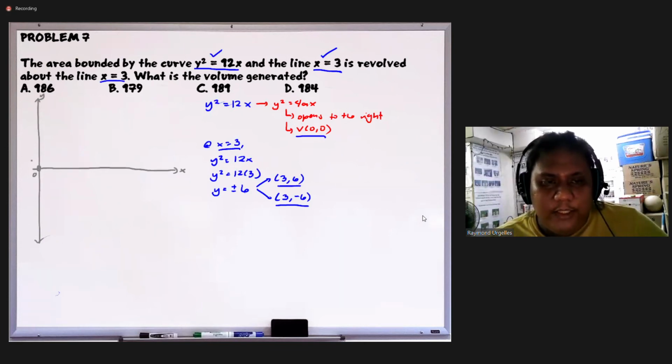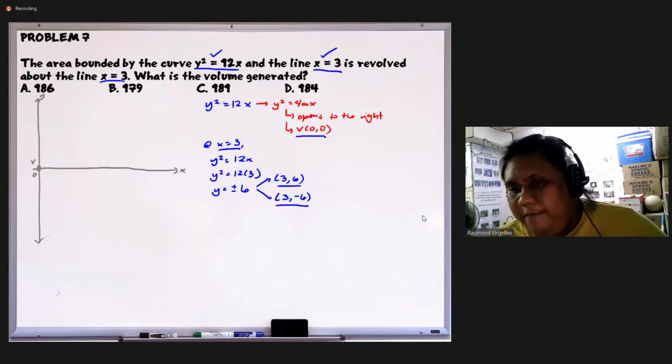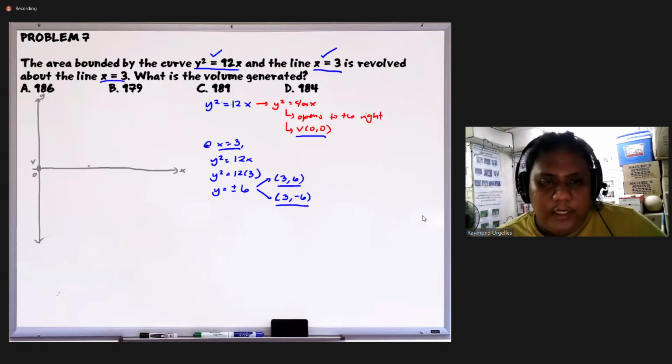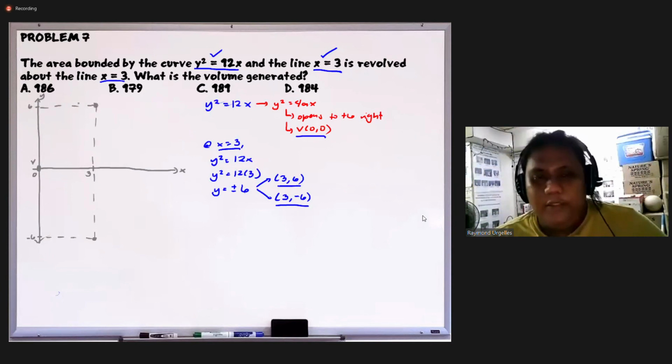Then we have positive 3, 6 and positive 3, negative 6. Let's say this is positive 3, this is positive 6, and this is negative 6. We have a point here and also a point here. Therefore, this is our parabola.